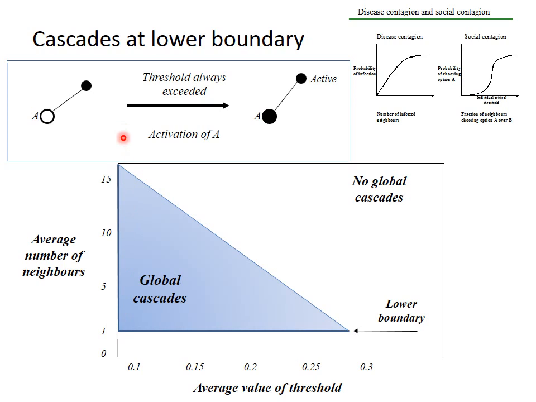On the vertical axis, we represent the average number of neighbors, which is how many people you pay attention to. Now, once we have these two pieces of information, we can plot the probability that a cascade happens and the probability that such a cascade is global, meaning that all the individuals in the social network switch from one state to another.